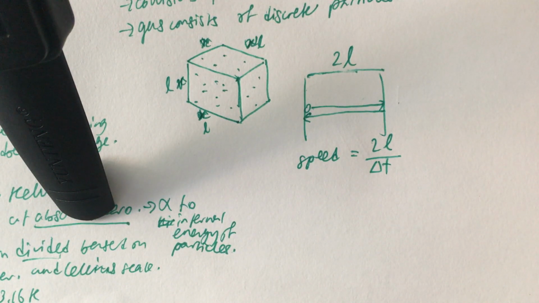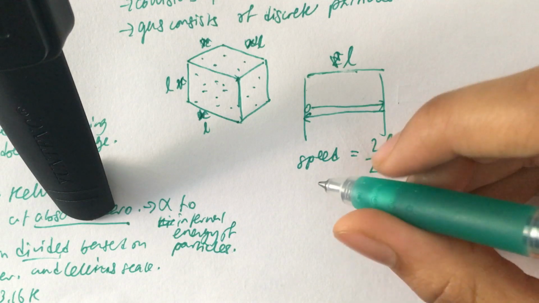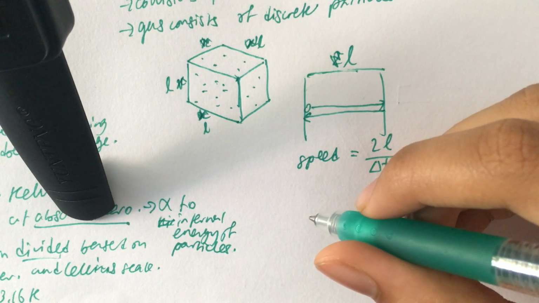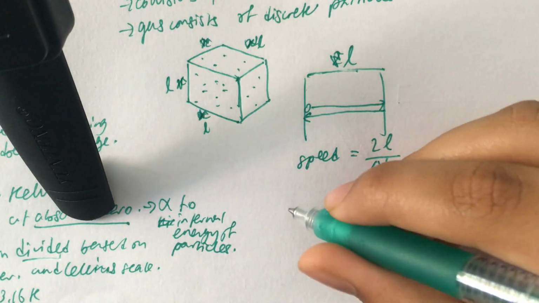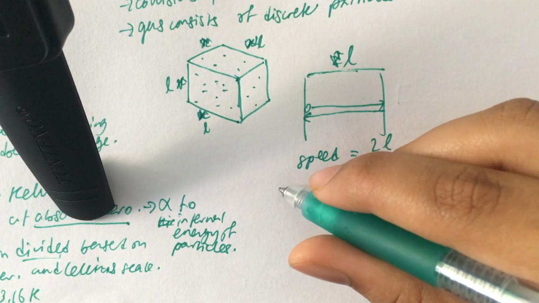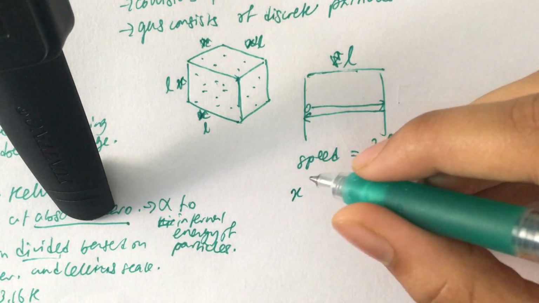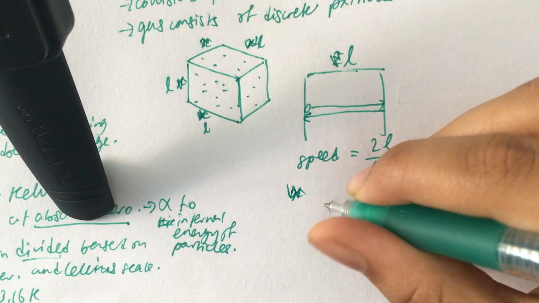So the speed would be 2x over the time taken for the molecule to go from this end to that end and back to this end again, which is a distance of 2x. Likewise you can do the same for all the directions. Imagine the y direction and the z direction.